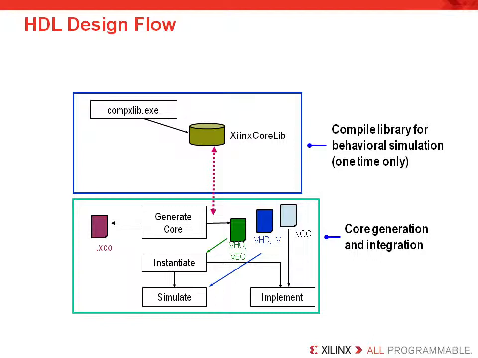After adding the code to your design, you probably want to perform a behavioral simulation to make sure it meets your needs. While this flow is also tightly integrated with the Xilinx iSim simulator, all the designers will have to run the compxlib.exe command to compile the behavioral simulation library.